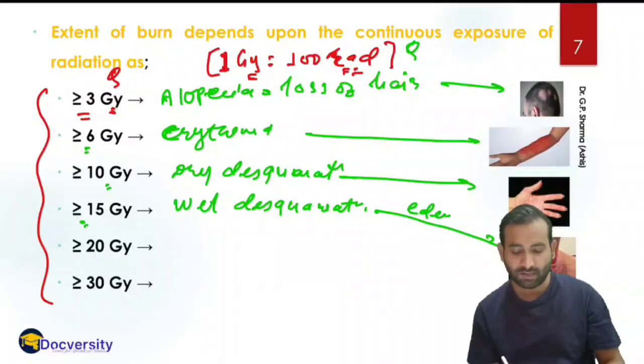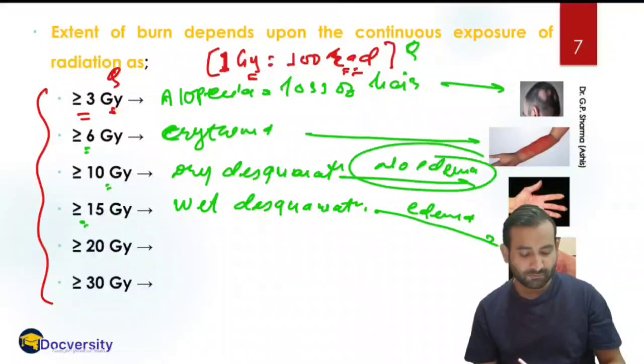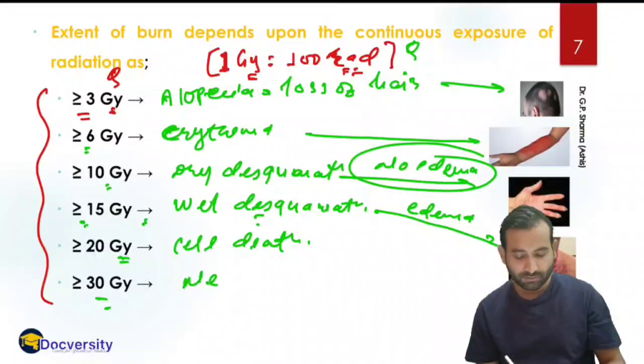Here there is no edema. That means dry desquamation. So more than 15 gray produces wet desquamation. If you are exposed to more than 20 gray, then it produces cell death. If you are exposed to more than 30 gray, it produces tissue necrosis.